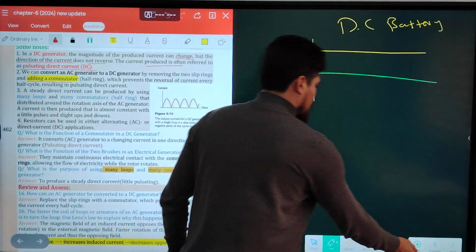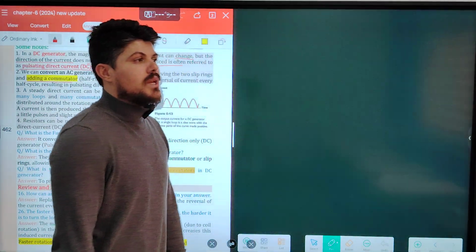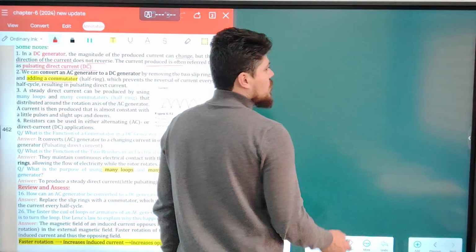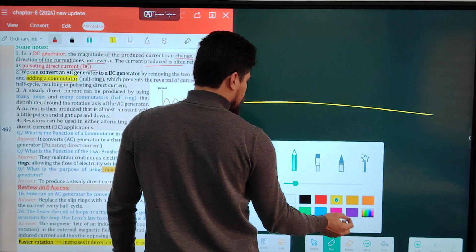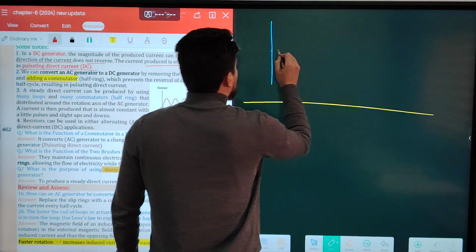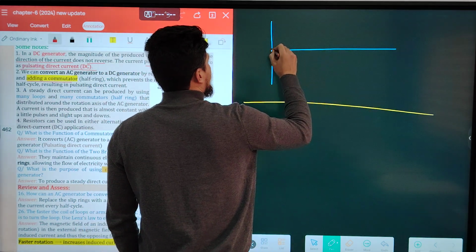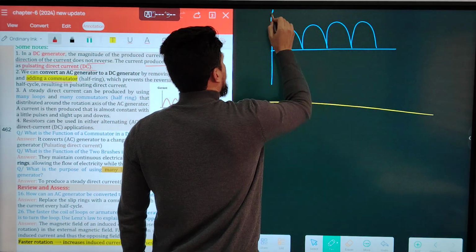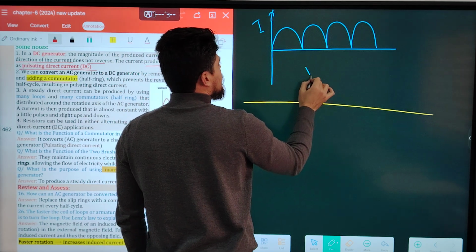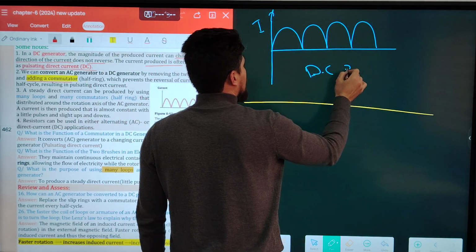When can the steady direct current be produced? With little pulse, if you use many loops and many commutators. Guys, what is the difference between these two currents? This is DC pulsating current.